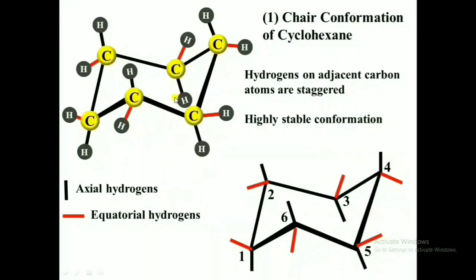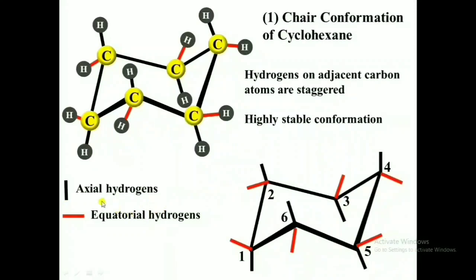We know what staggered conformation is now. Staggered conformation means all hydrogen atoms are far apart. So that gives the molecule a stable conformation. That means the chair conformation of cyclohexane is highly stable because all hydrogen atoms on adjacent carbon atoms are staggered in nature.